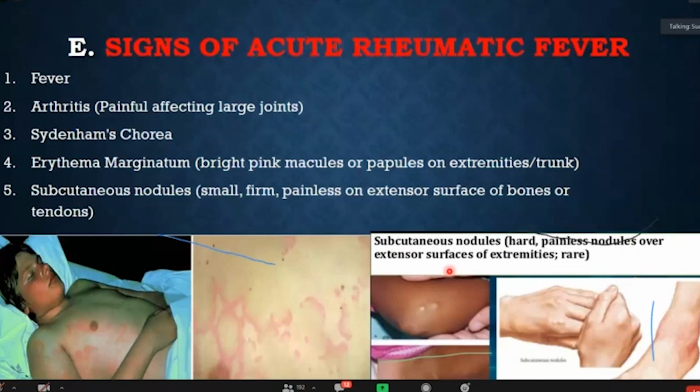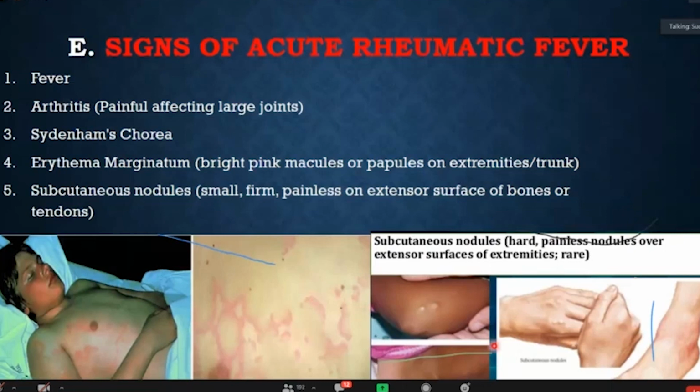It has changed into high endemic area, low endemic area, major, minor. It is all different. But what was a typical dictum is that arthritis is inversely proportional to carditis. Chorea is directly proportional to carditis. Most of that still holds true. So in all the patients, you still look for features of arthritis.